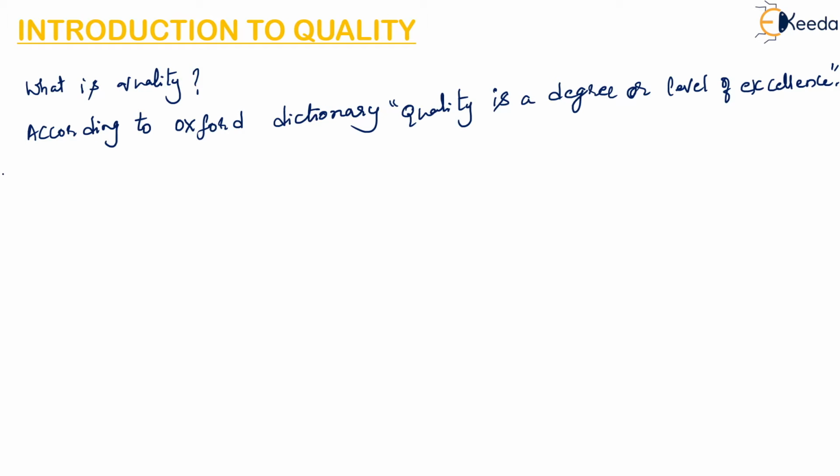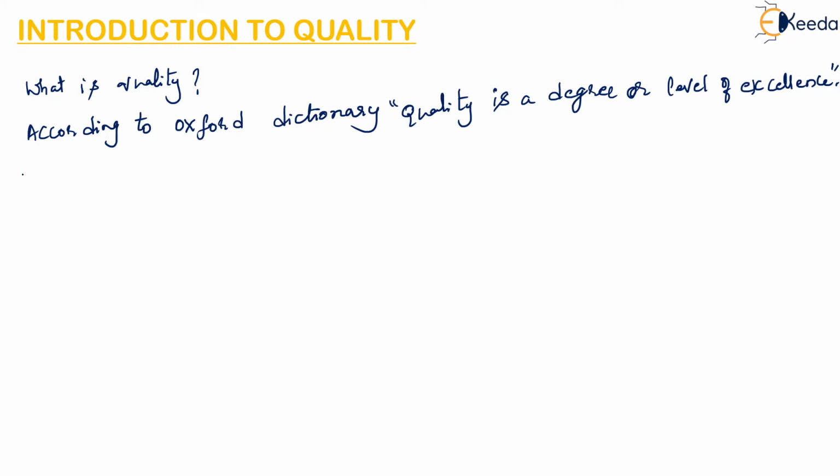Likewise, the definition of quality by American National Standard Institute and the American Society for Quality Control is the totality of features and characteristic of a product or service that bears on its ability to satisfy the given needs.